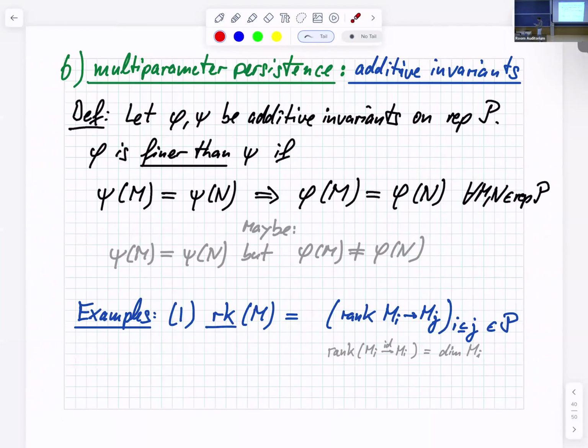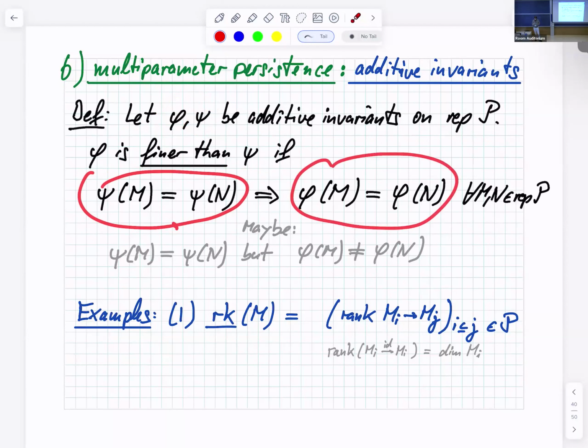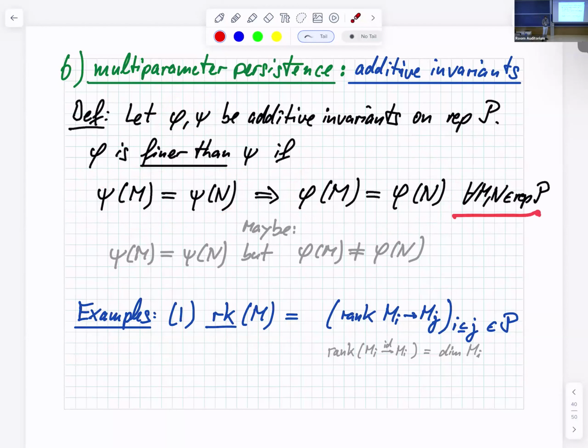So let me formulate this in a definition. What do I mean by distinguishing more modules? Let's say I have two invariants, so two such functions on the category of representations. I say phi is finer than the invariant psi if whenever psi is equal on two modules, then phi will be equal on those modules as well, for all representations M and N. This is a very mathematical definition.